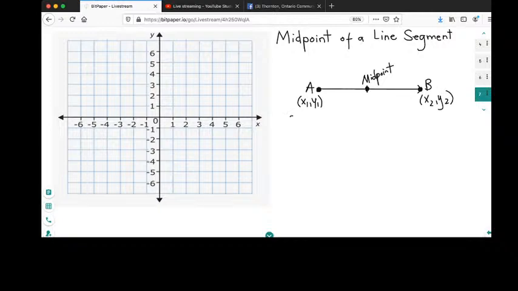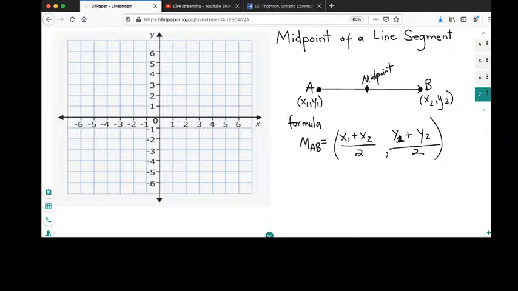The formula is going to be the midpoint of AB, line AB is what they're really saying, is (X1 plus X2) divided by 2, comma, (Y1 plus Y2) divided by 2. And this is going to give us an actual answer in the format of (X, Y).